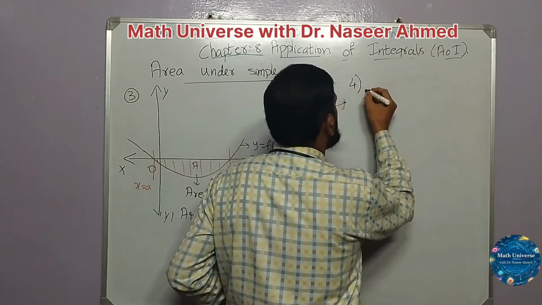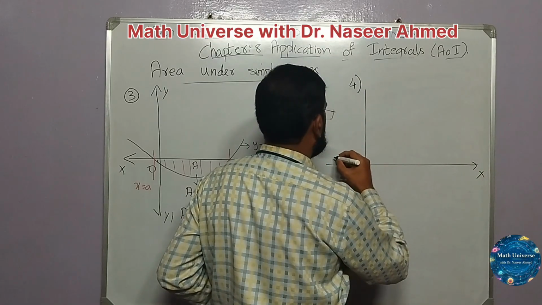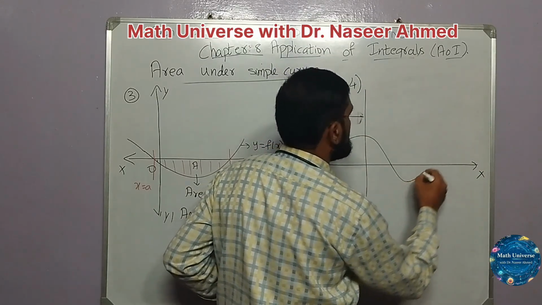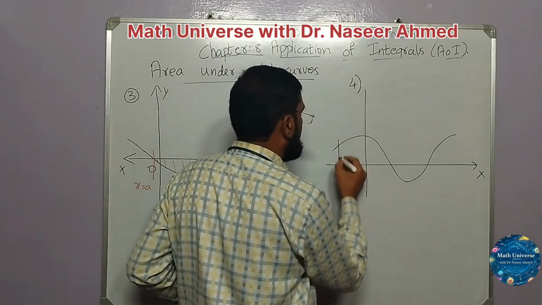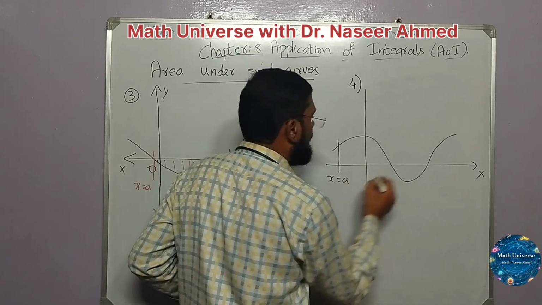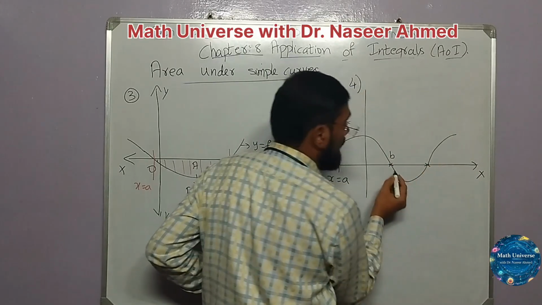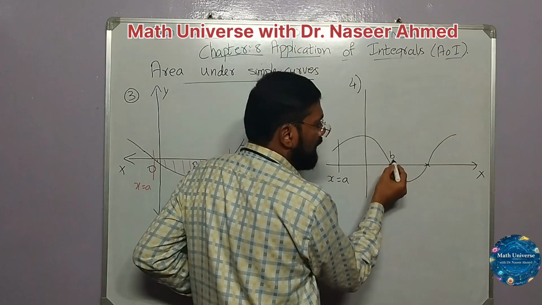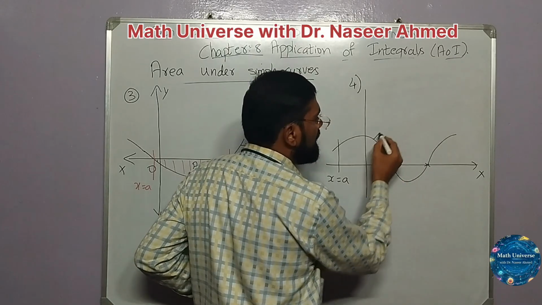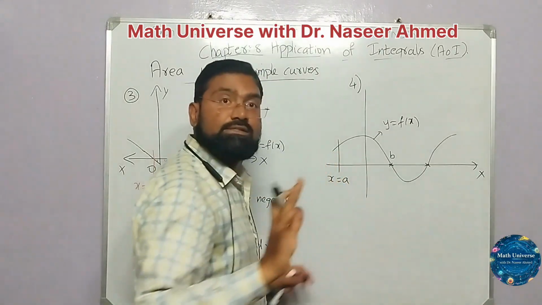So now you see the graph which I am going to take. I have got something like this. Now you can see some part is here. So again, x is equal to a. I am going to stop it here. Let us suppose some b. Then here, I am just writing that point. I am taking one point here where it's a point of intersection between the curve y equal to f of x and the x-axis.